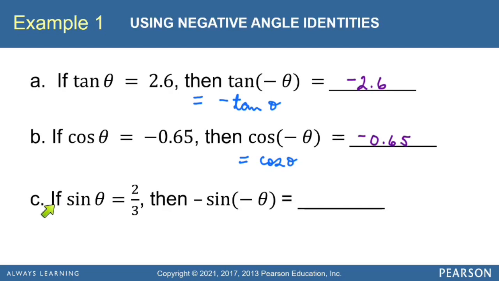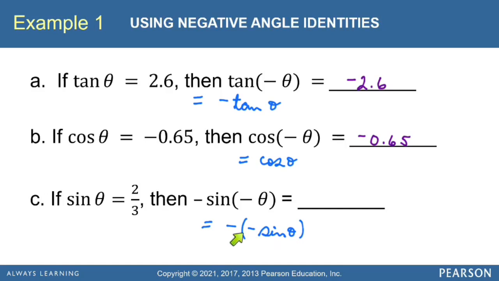Then let's look at part C. It says if the sine of theta is equal to 2/3, then the negative sine of negative theta is equal to blank. Let's just leave the negative right here, and then think about the sine of negative theta. We know that the sine of negative theta is equal to the opposite of the sine of positive theta.